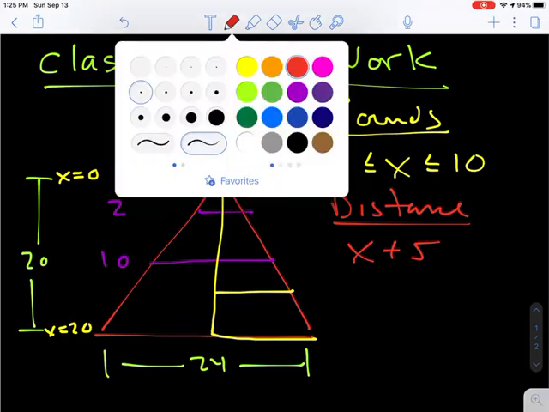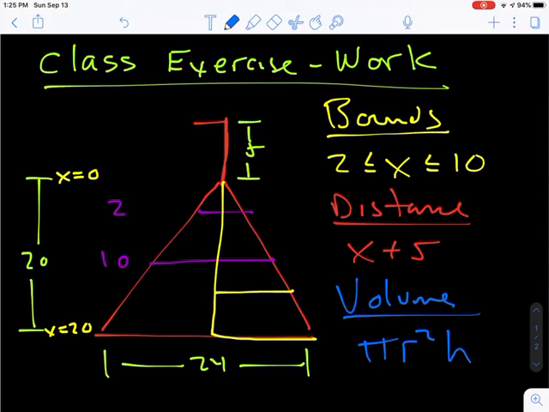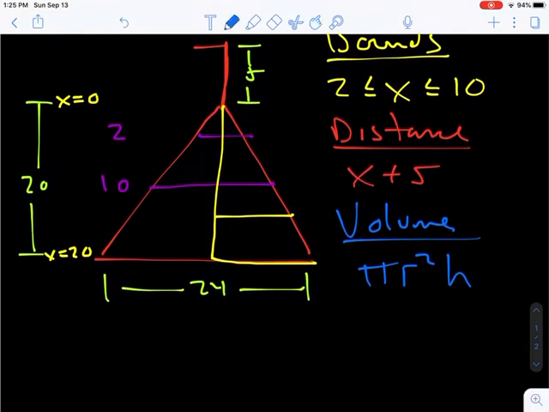And then finally, we need to calculate the volume of a slab of water. Since it's a conical tank, a cross-section, any slab is going to be pi r squared times the height. That would be the volume of any little slab of water. So all we need to do is figure out what the radius is at any given point. We can do that by using similar triangles.